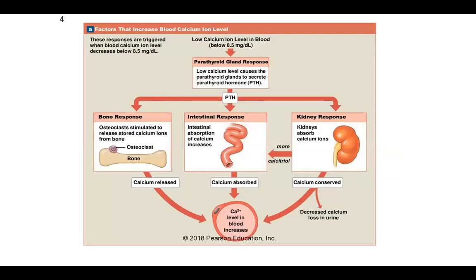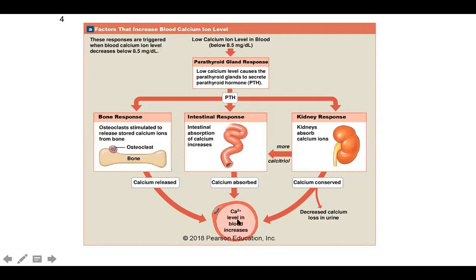With parathyroid hormone, we have low calcium, so parathyroid hormone then activates osteoclastic activity to release more calcium, absorb more calcium in the gut, and conserve more calcium and not excrete as much in the urine.